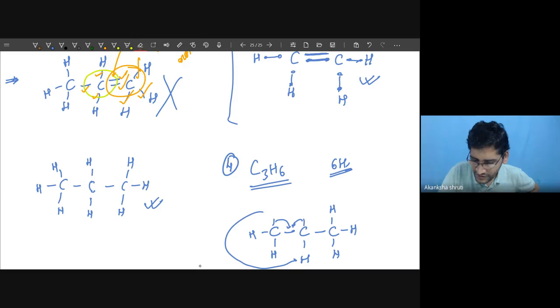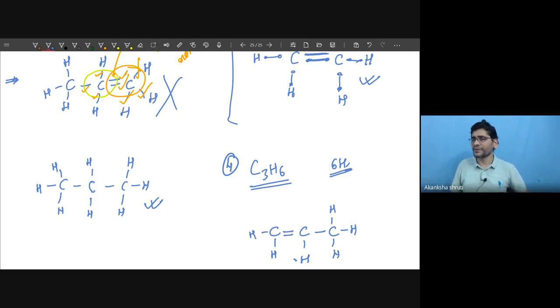So remove this hydrogen from here, this bond from here, and club this with the double bond. Are we getting it? So this way we have reached the correct structure.